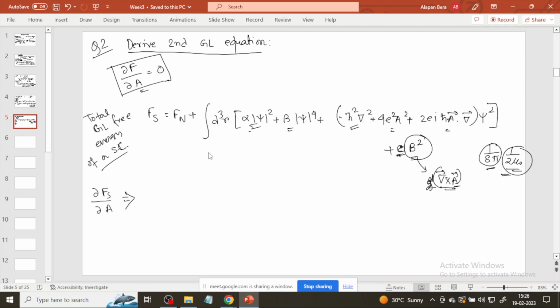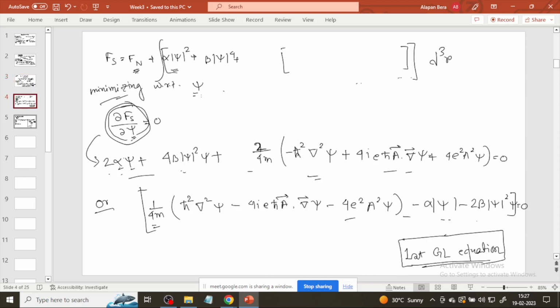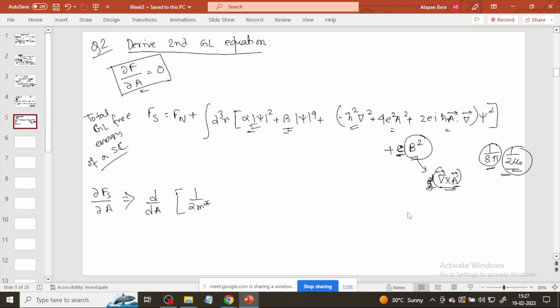So this term basically gives us, this 2 goes to 0. So this gives us d by dA of 1 by 2m star. This 2m star is the mass of a Cooper pair. So this 2m star comes here also. Let's keep it star because it's the mass of the Cooper pair. Now in the place of m star, we know that the Cooper pair consists of 2 electrons, so m star is basically the mass of 2 electrons.